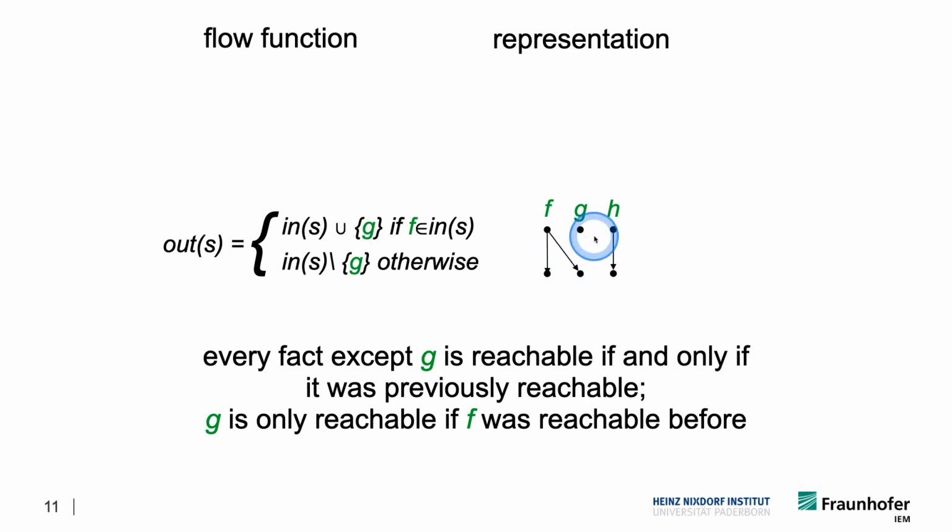But in all the other cases, independently of whether g is valid or not, g will be killed, right? So in other terms, the only way now to make g hold in the outset is to have f hold earlier, okay? And in general, like I said, killing is done by not putting an edge. So you could also kill everything in the outset by simply not putting any edge at all.